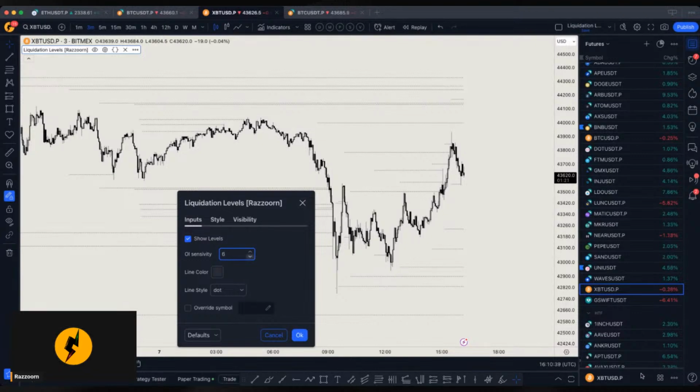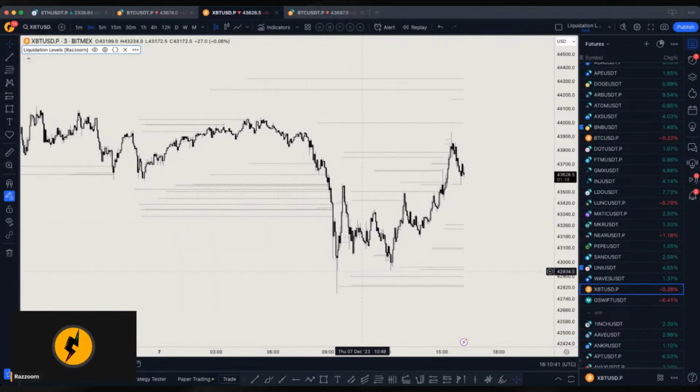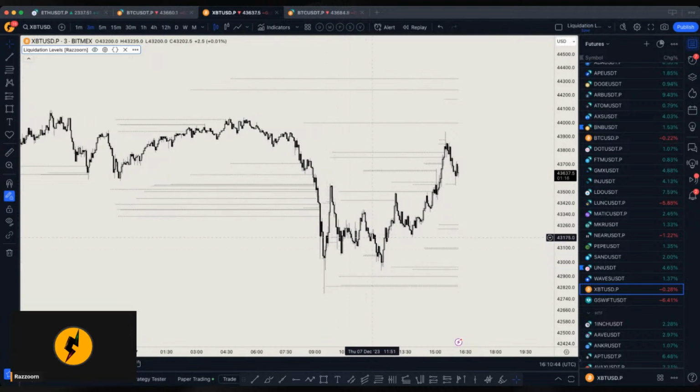But in this, I tried my best to keep everything as simple as possible. There is a lot of filtering to only display the most important levels.